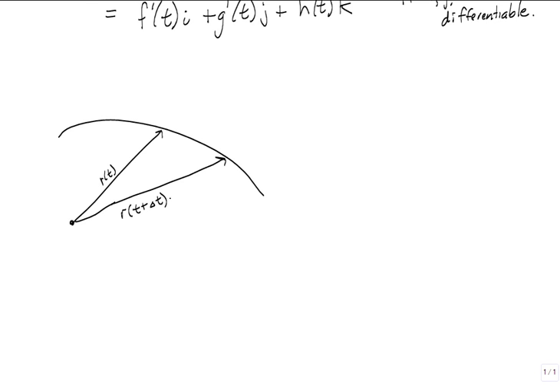And by vector subtraction, this vector right here is r of t plus delta t minus r of t.